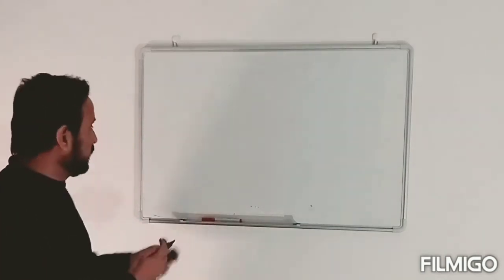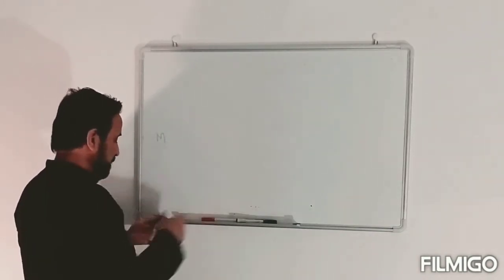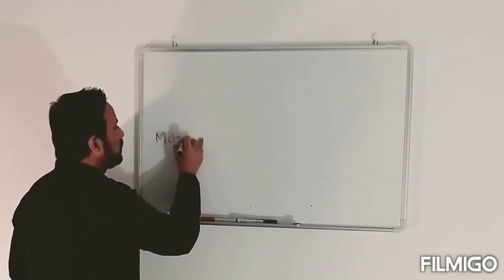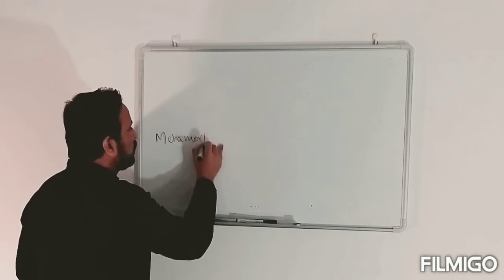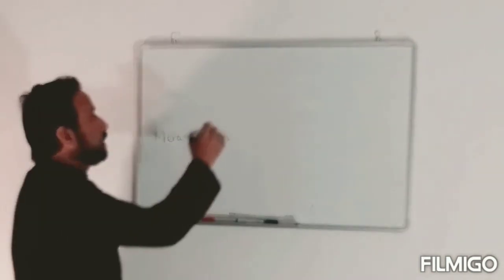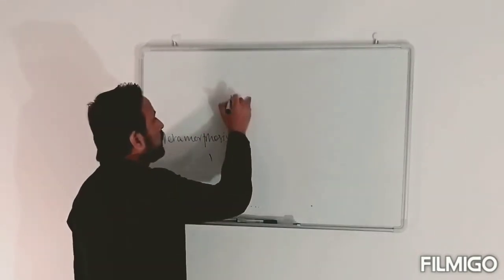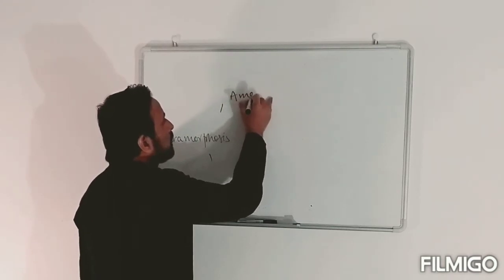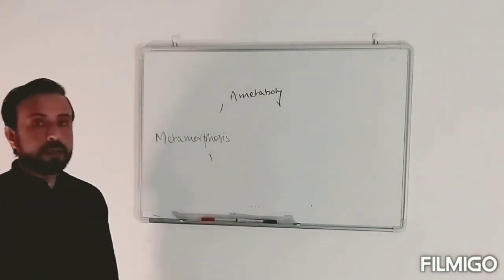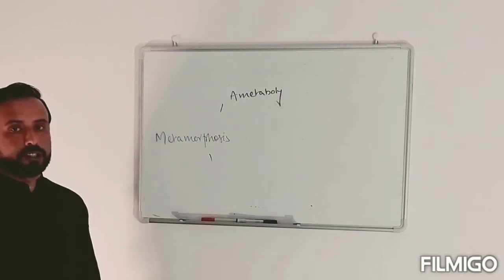If I have to make 2 categories based upon metamorphosis, those insects which will not show metamorphosis will be called ametabola. They will not show any kind of metamorphosis, right?